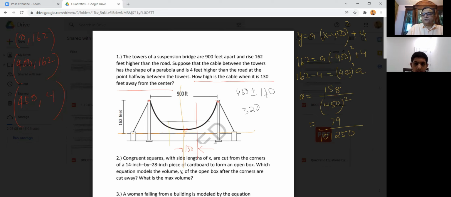We have y equals 79 over 101,250 times 320 minus 450, which will be minus 130, right? Now use the calculator once again and find the answer. I'm multiplying this value by 130 square.